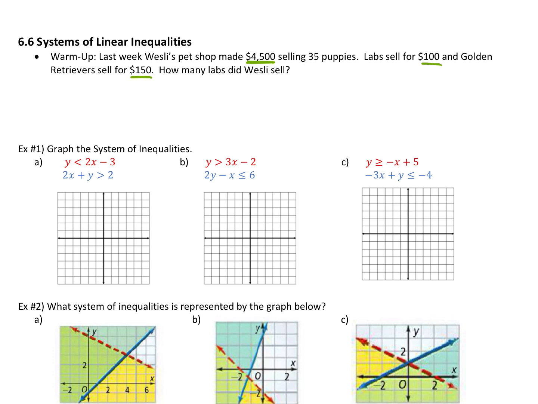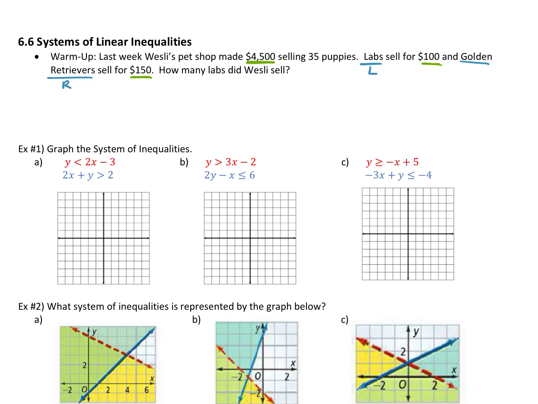But before you try to set that up, define some variables. So I'm going to say labs are L and golden retrievers are R. And let's set up two equations.